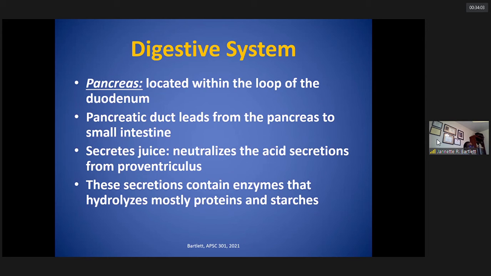These secretions contain enzymes that hydrolyze mostly proteins and starches. Remember, the food bolus changes every time it passes through a different section, because different secretions are being added to this food material.